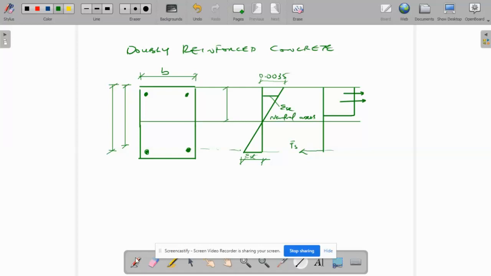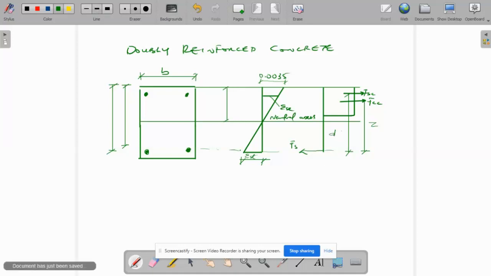So here, this is FSC, this is FCC. From this depth down to this point, we consider this as Z, our normal Z. This is d, the effective depth.